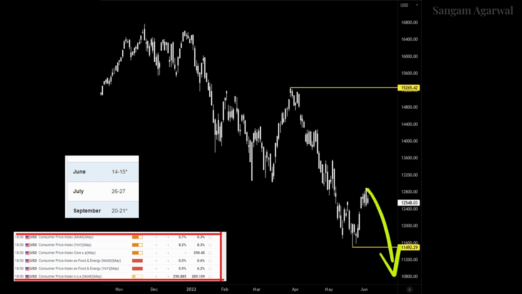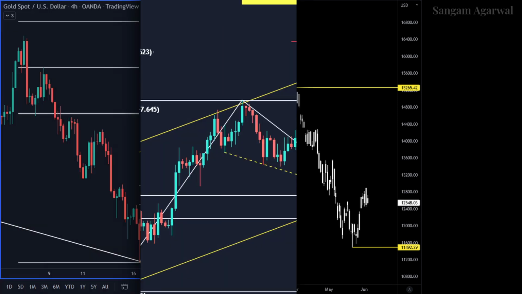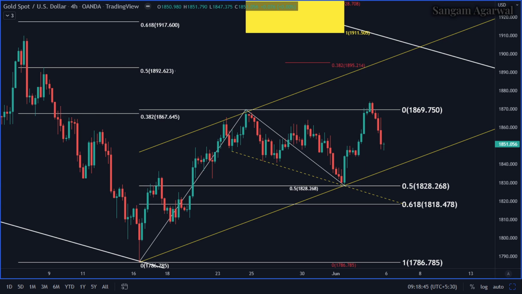And if investors dump their holdings in the stock market and a new low below this temporary bottom forms, it will confirm a market crash, and it will not stop until the end of the year. So the next direction of gold depends on the CPI numbers this month and the next 2 months.